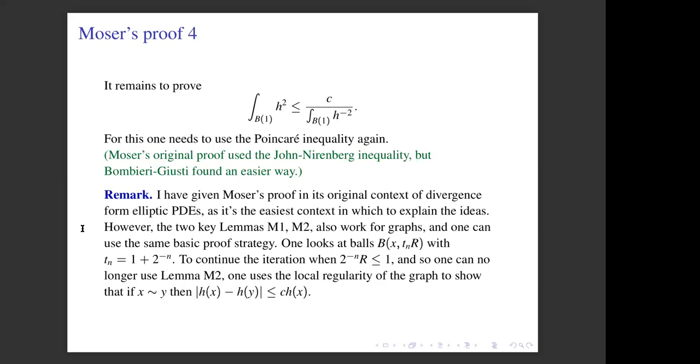And Saloff-Coste's contribution to what I call the PHI theorem was, first of all, he showed that the Poincare inequality on its own gave enough information that one could dispense with the Sobolev inequality, and hence, therefore, that one only needed the volume doubling and the Poincare inequality.